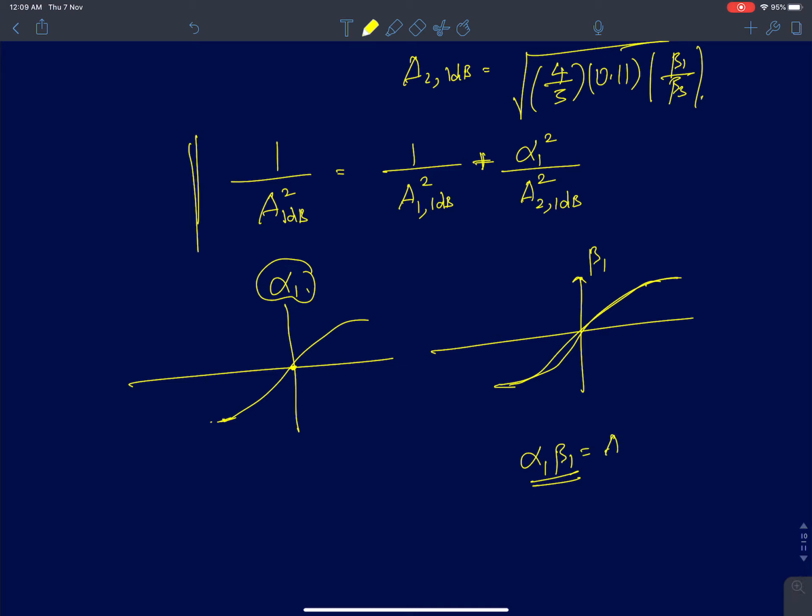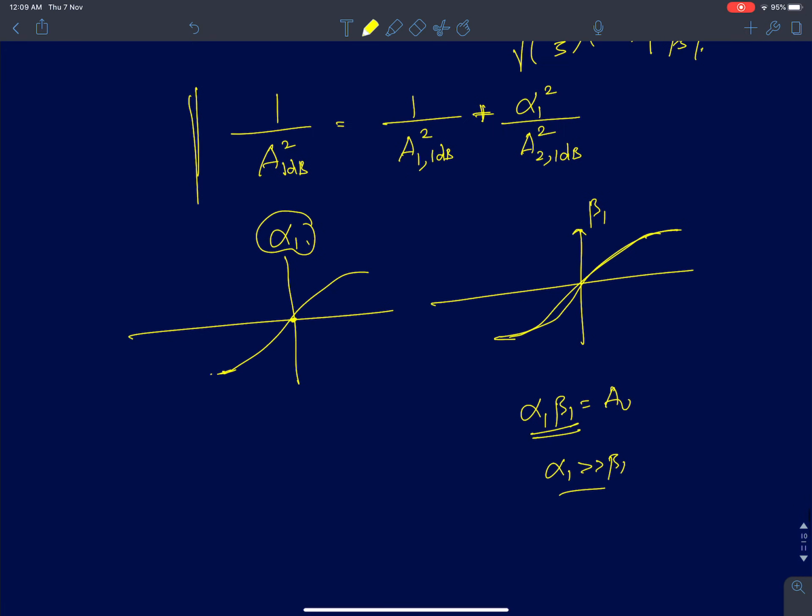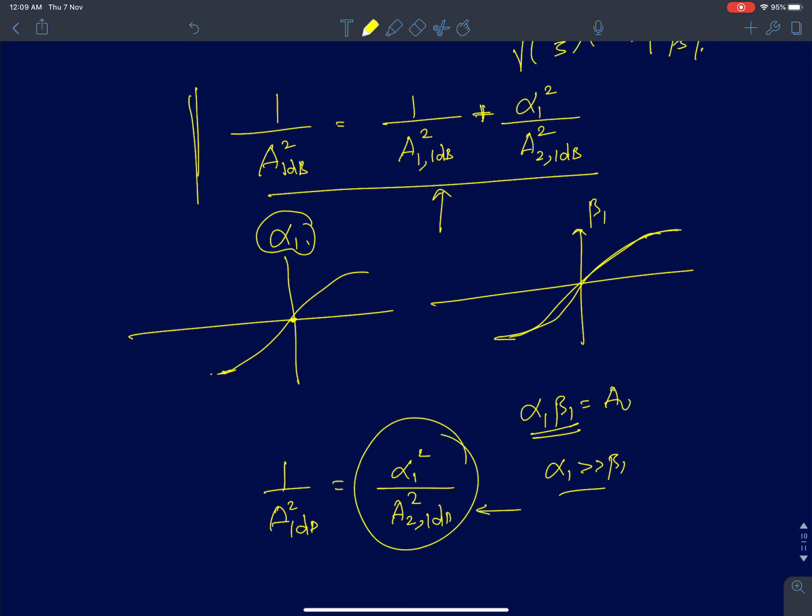I am going to call it AV, but I am assuming your alpha 1 is much greater than beta 1. Most of the gain is in the first stage itself. If that happens, if you look at this term and the above mathematical expression, then it shows your A 1 dB square will simply be equal to alpha 1 square by A 2 1 dB. So you are limited by the second stage compression itself, and it should make sense because if your first stage gain is very high, intuitively you can see your A 1 dB will also be very high.